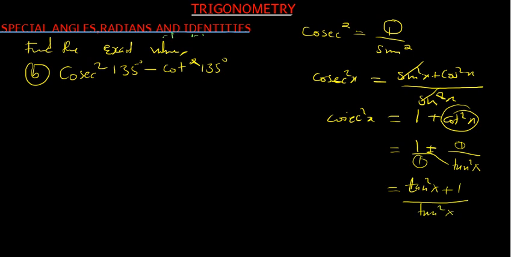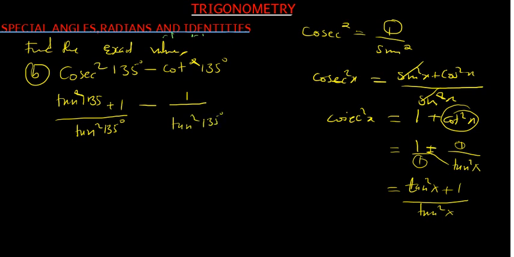Okay, so I'll come here. Where there is cos squared 135, I can substitute tan squared 135 plus 1 divided by tan squared 135, and then minus cot squared 135. Cot is the reciprocal of tan, so I can write that as 1 over tan squared 135 degrees.